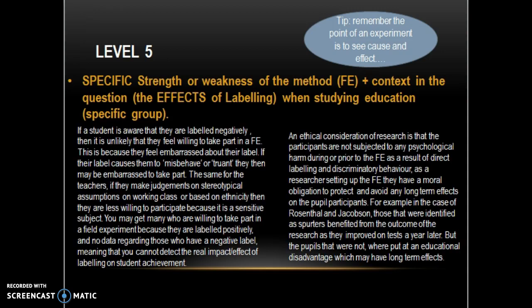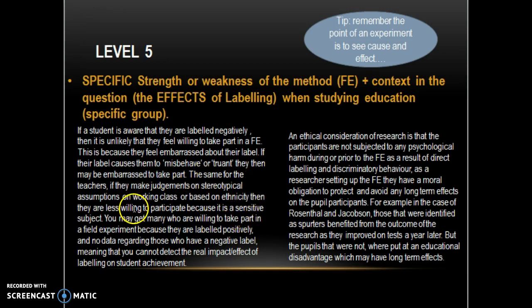And these examples you can clearly see are chunky paragraphs. You can see the clear development. So example 1, you can see the student has looked at a similar point from 2 aspects. They've looked at it from the student point of view about being labelled negatively, causing them to be embarrassed, not wanting to take part, misbehaving, truanting. But then they also look at it from the teacher's point of view.